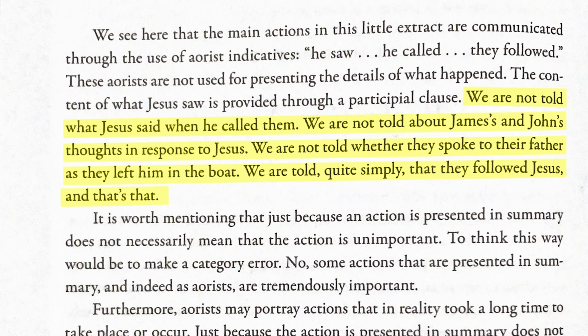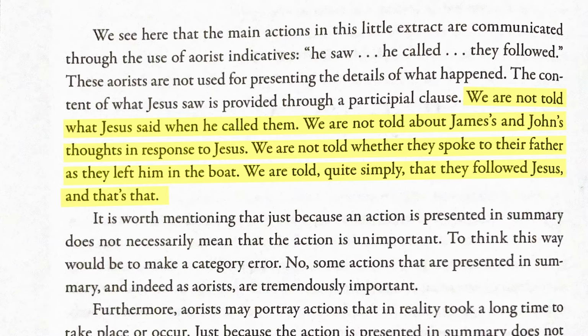He says, we are not told what Jesus said when he called them. We are not told about James's and John's thoughts in response to Jesus. We are not told whether they spoke to their father as they left him in the boat. We are told, quite simply, that they followed Jesus.